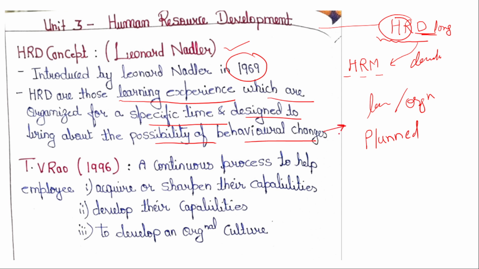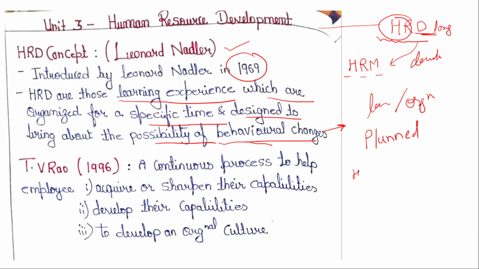Now, what are these behavioral changes? If I am efficient to a certain level in my work, if there is a certain level of my performance, development refers to improving that efficiency, improving the performance. And how will this improvement happen?